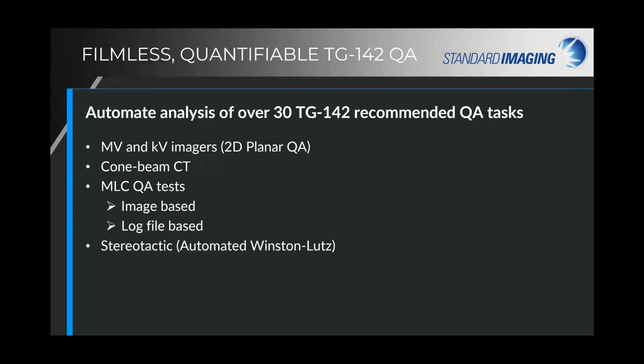Our stereotactic test is an automated Winston-Lutz, so you can utilize just about any type of ball marker for that. We have automated radiation light field coincidence tests as well, our Starshot analysis, and IGT analysis as well.